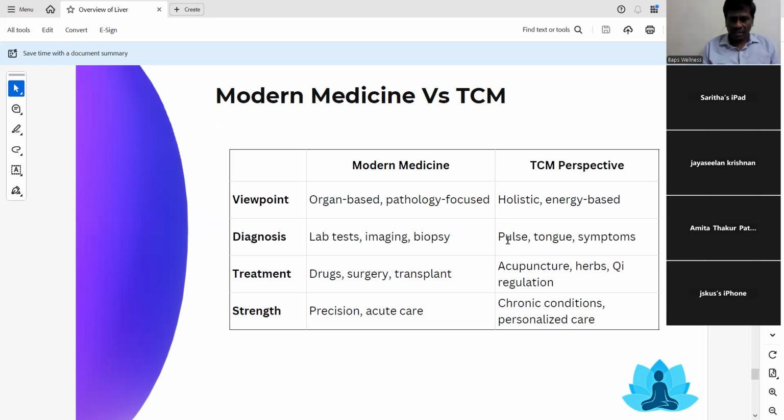But my advice is that along with our diagnosis, whenever you get any suspicious triggers, better to go with the tests, whether it is blood test or imaging, at least USG, ultrasound, so that you get to know exactly what stage the condition is in, whether it is initial or advanced stage, complicated, or any malignant condition is there.